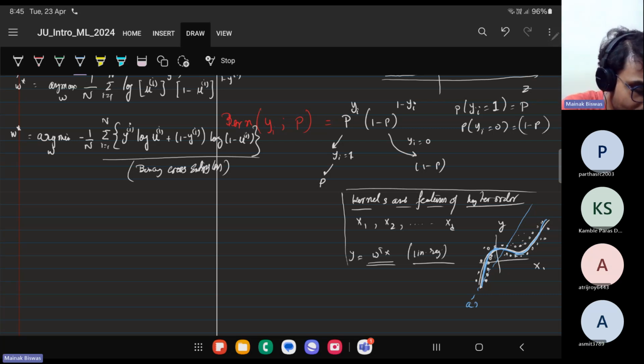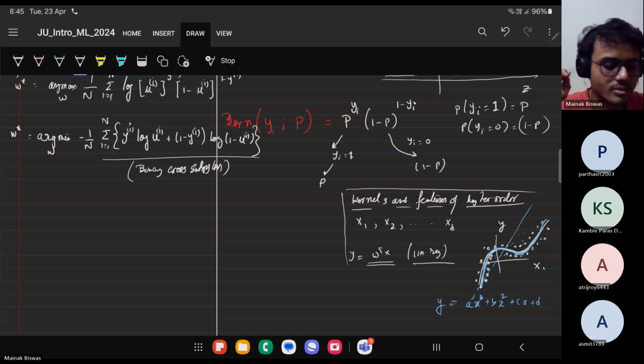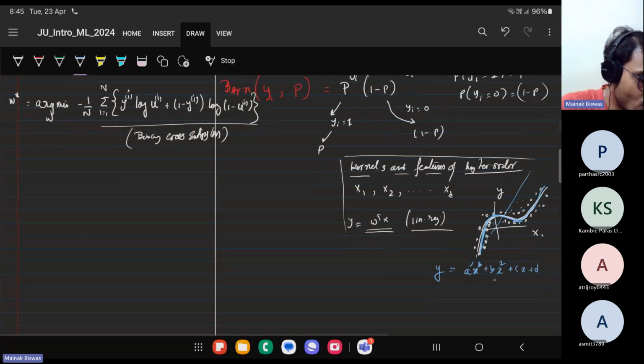So I would like to have ax cubed plus bx squared plus cx plus d equal to your model, equal to y, right? Yes or no? Yes. So now I had only x, but you can convert x into 1, x square, x cube, and then do W0, W1, W2, W3 or ABCD.